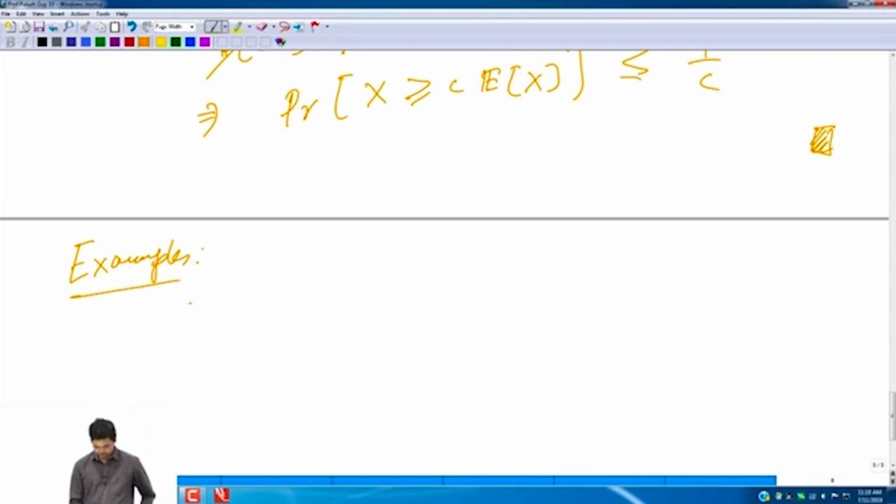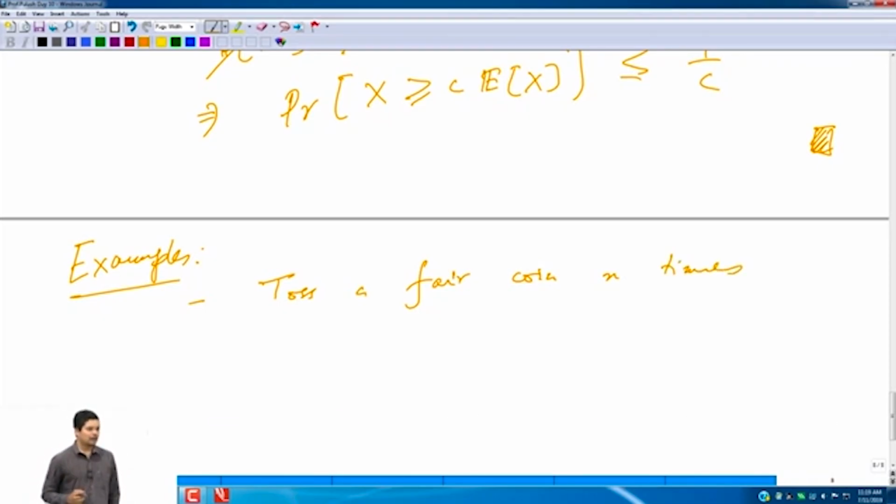So suppose we toss a fair coin n times. Sure. And let's define a random variable. If I toss a fair coin n times, and suppose I am interested in finding how many times it comes head and how many times it comes tail.